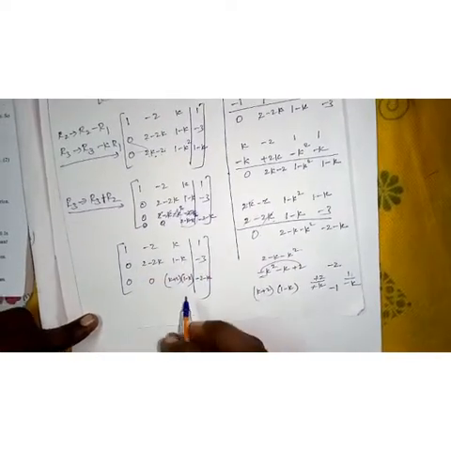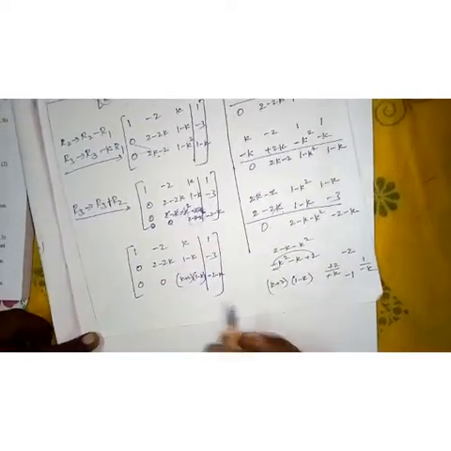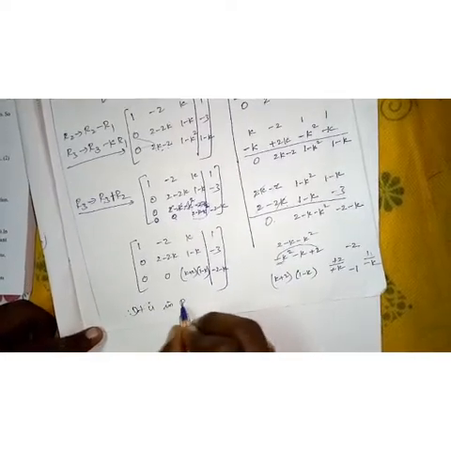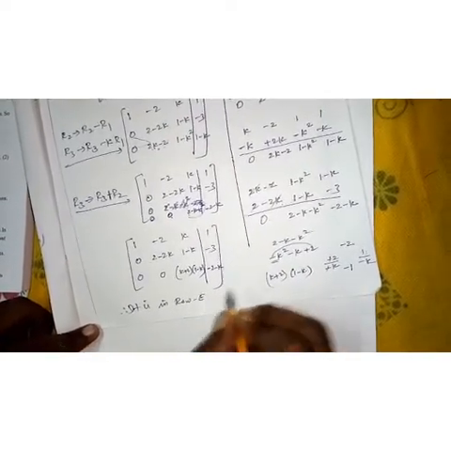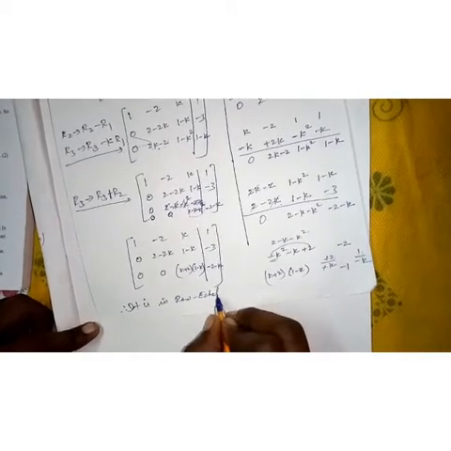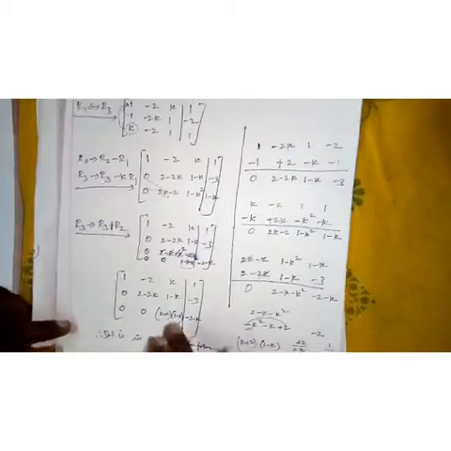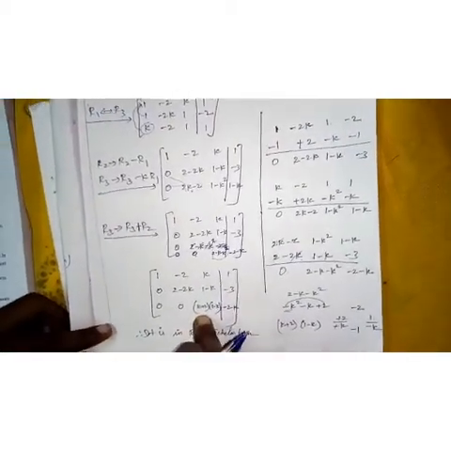Is there any possibility of any rows being 0? No, therefore it is in row echelon form. Is it clear?